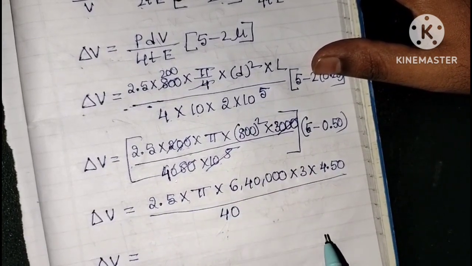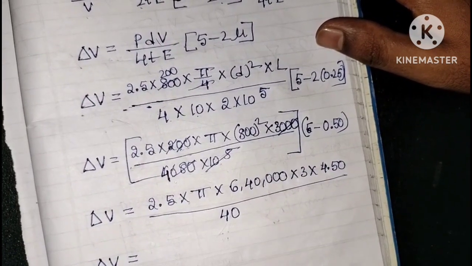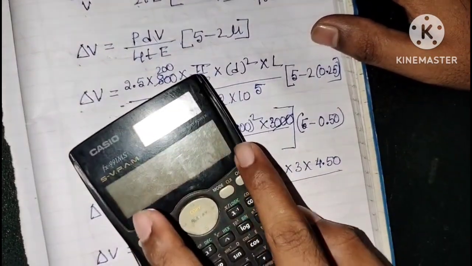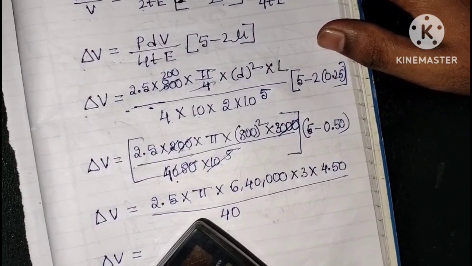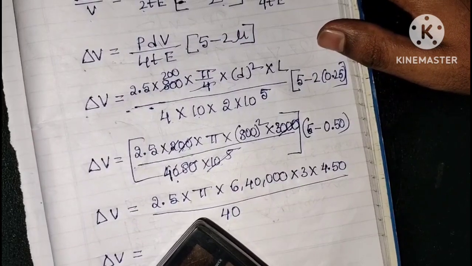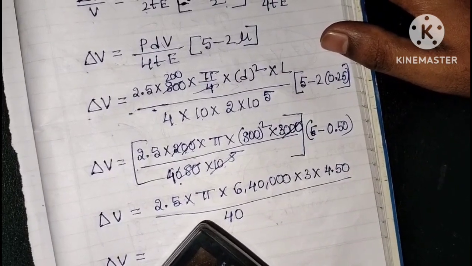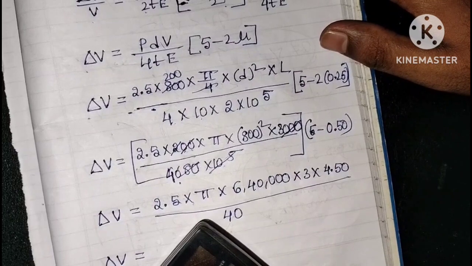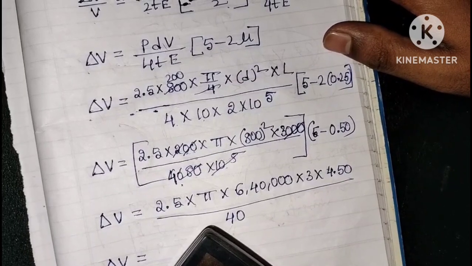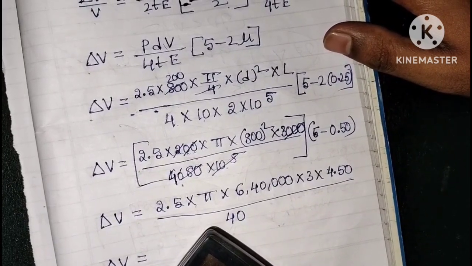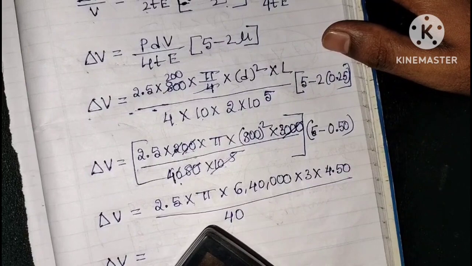So we have to simplify this. Let us use the scientific calculator. 2.5 into shift pi into 6,40,000 into 3 into 4.50 divided by 40.